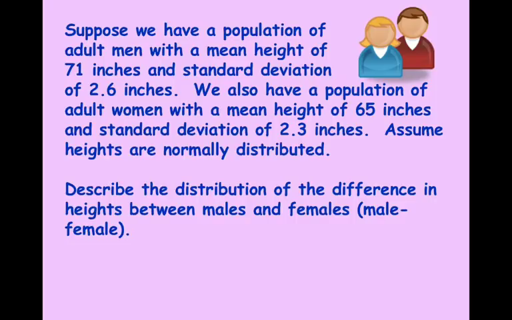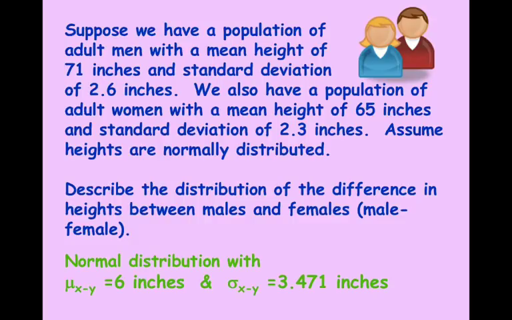So we need to calculate the mean and the standard deviation for that normal distribution, using the two calculations we just reviewed. We would say the distribution of the difference in heights between males and females is normally distributed with a mean of 6 inches and a standard deviation of 3.471 inches. We have nothing unusual because we have a normal distribution.